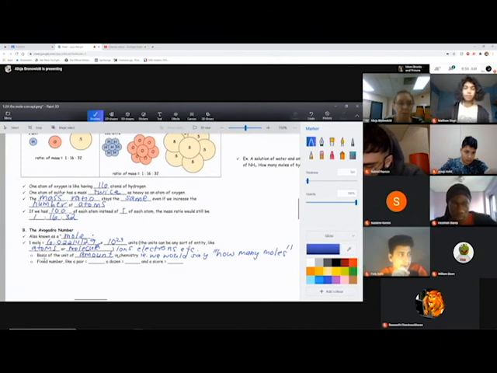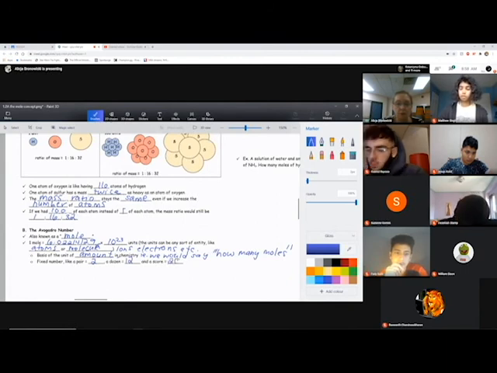Okay, so mole is a fixed number, like a pair equals 2, a dozen equals 12, and a score equals 20. Okay, so that is the amount of units in a mole.